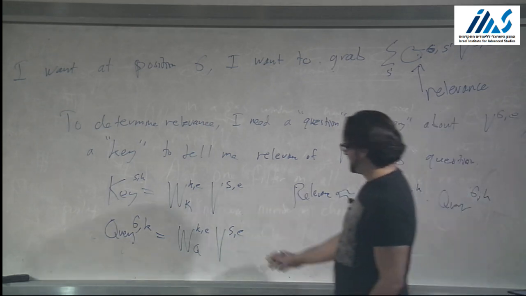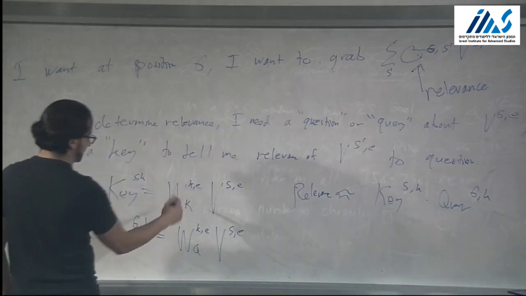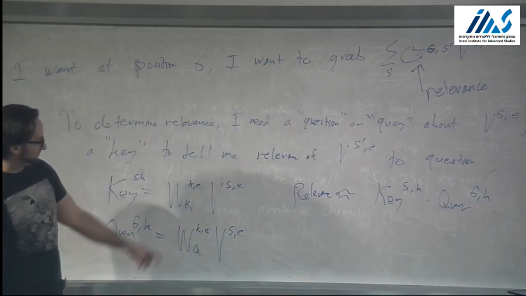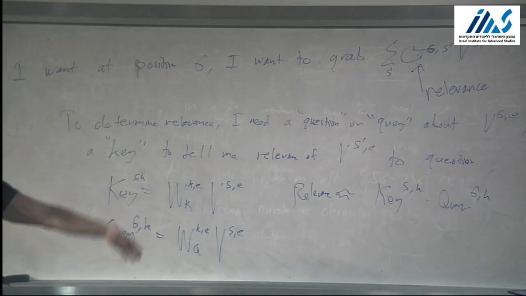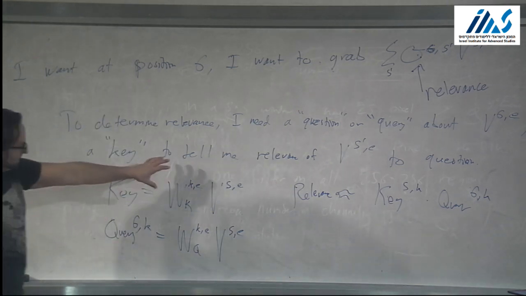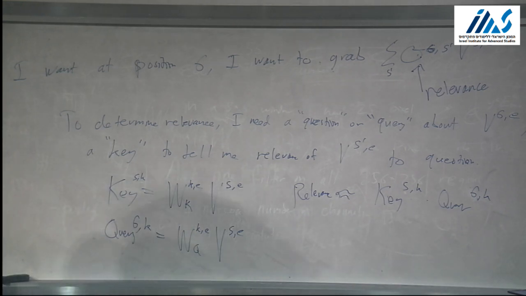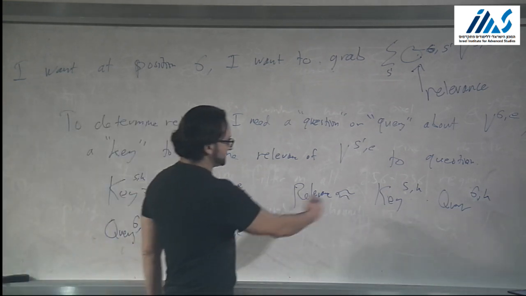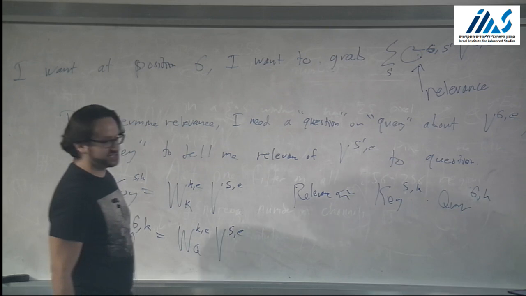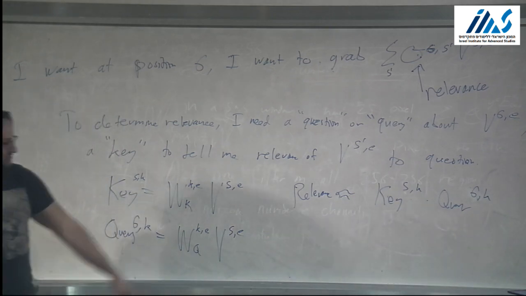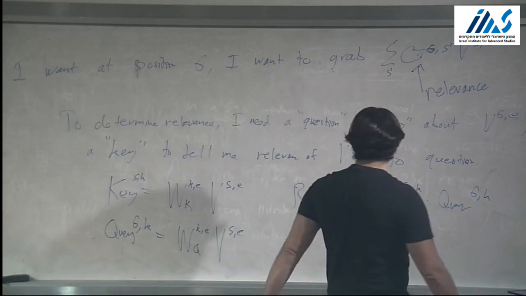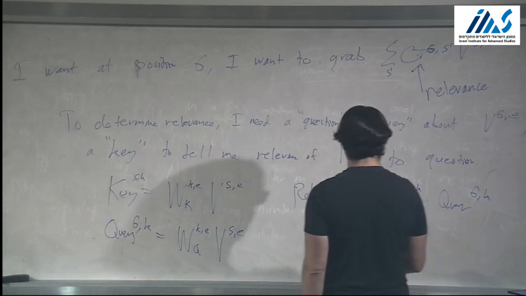This is nice because I've just defined some matrices which are at biggest something like 256 by 256, and if the k direction is smaller, which it could be, then these are even smaller matrices. So relevance isn't quite this, because I wanted it to be between 0 and 1, and this is just some real number. So I can do the usual thing and apply softmax to this.